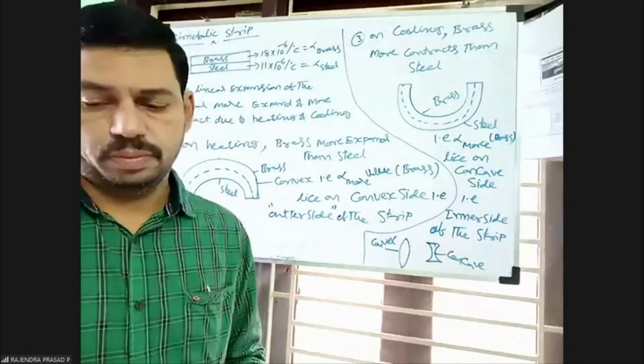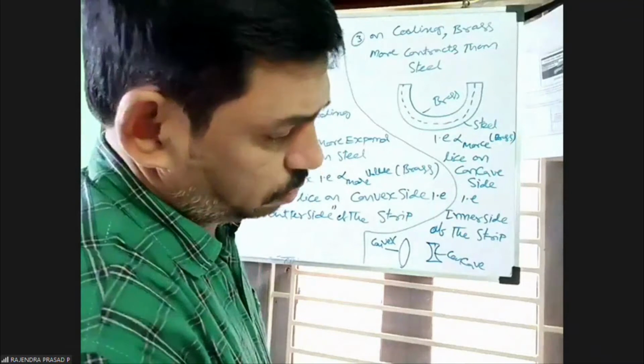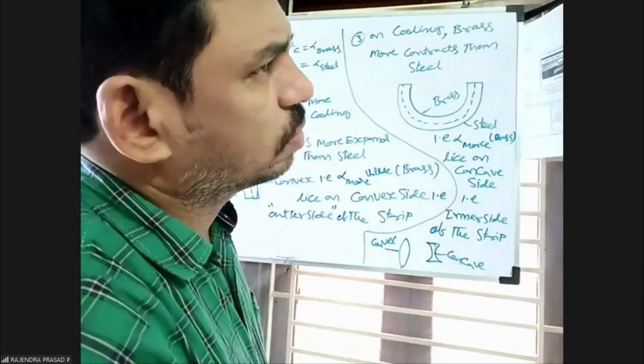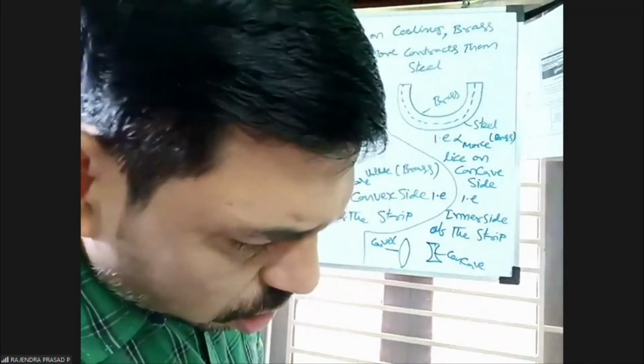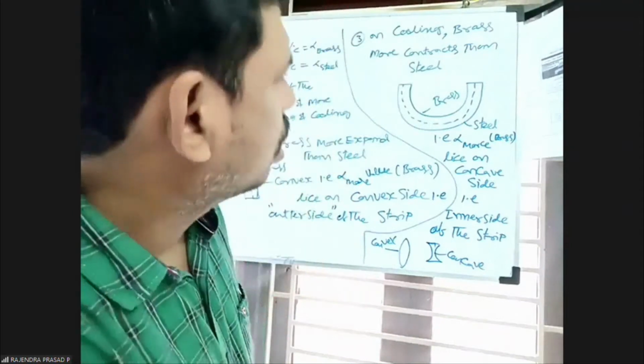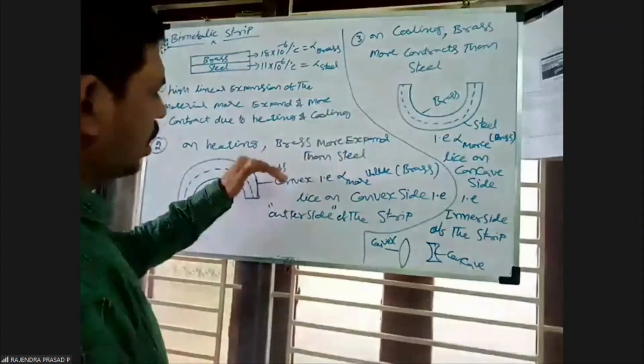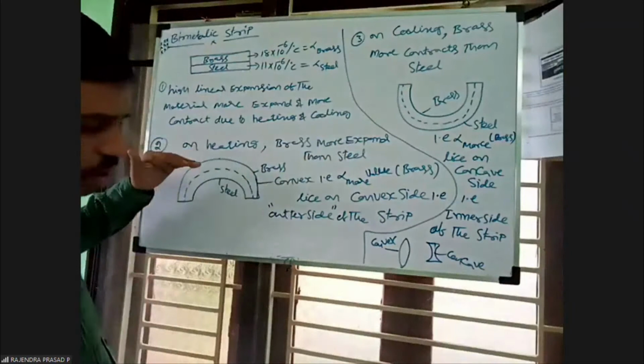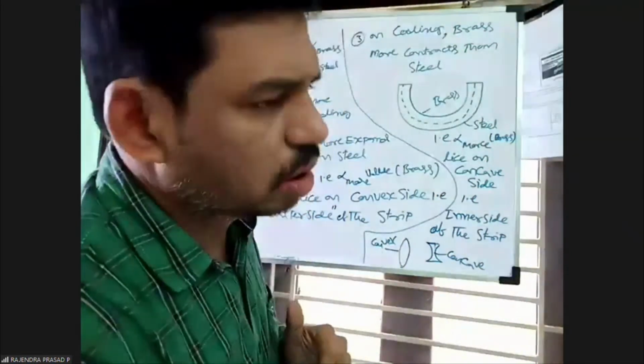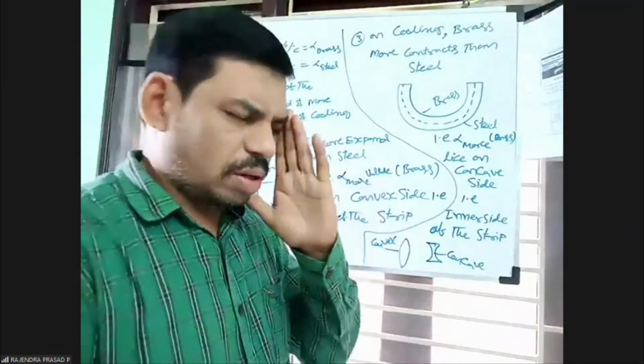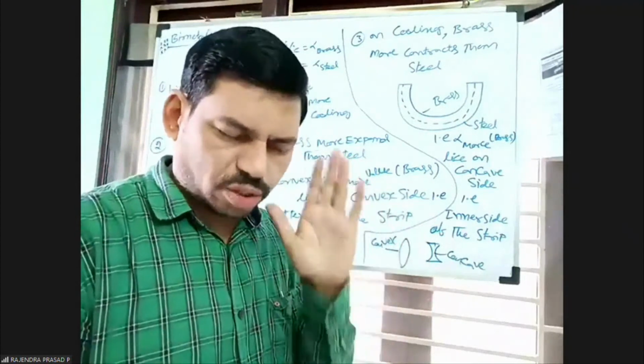Sir, there is a dosa pan, no, sir? A heating pan, on heating and cooling? No, normally I'm telling you, sir, the pan is formed by riveting? No, first the topic is not completed.